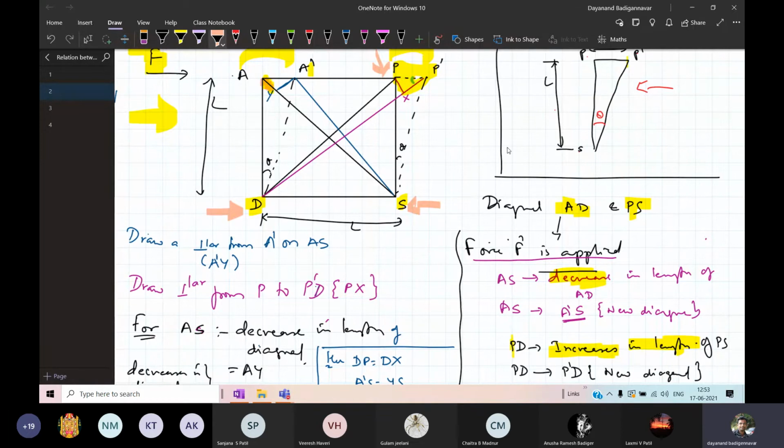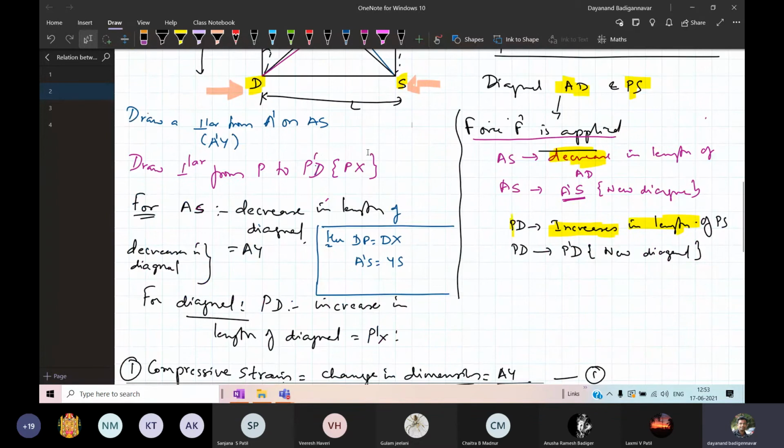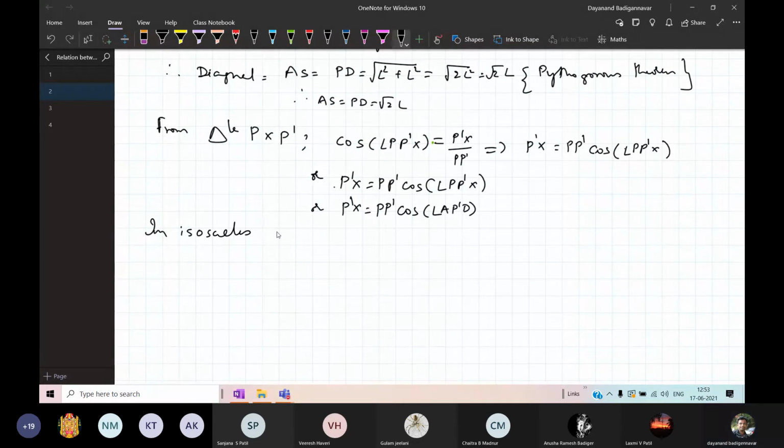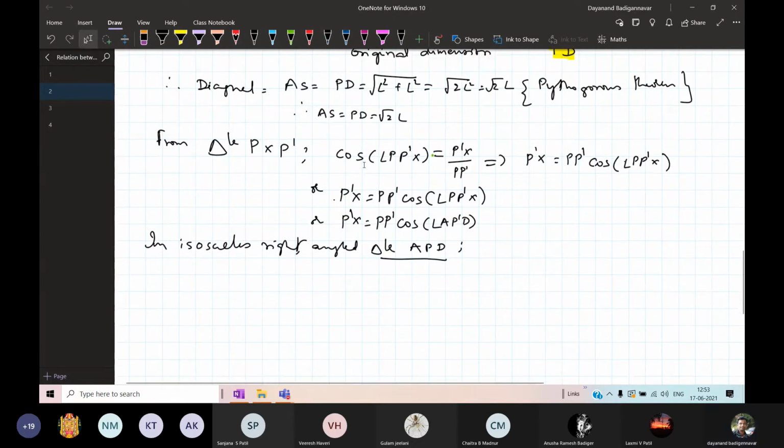So in the right angled isosceles triangle APD, where is APD?